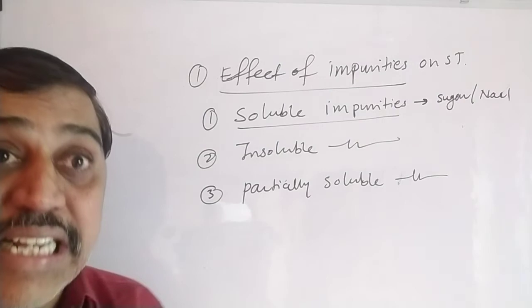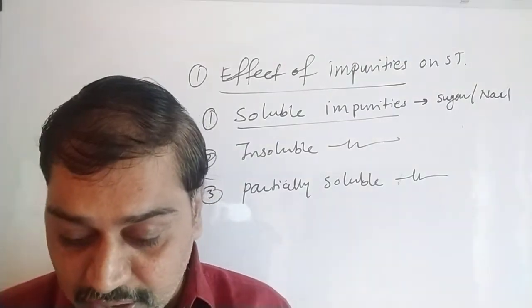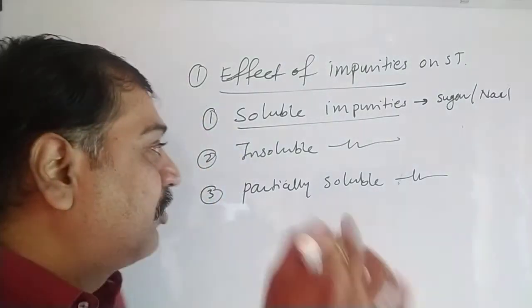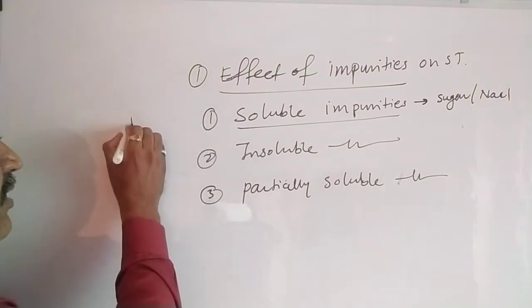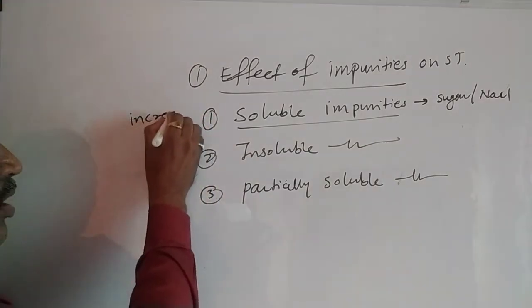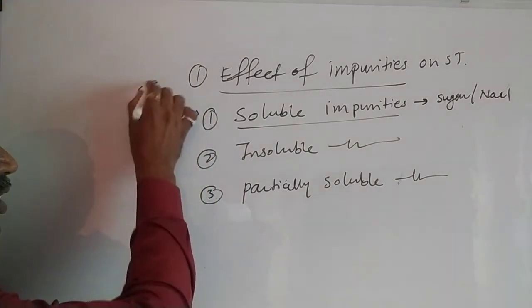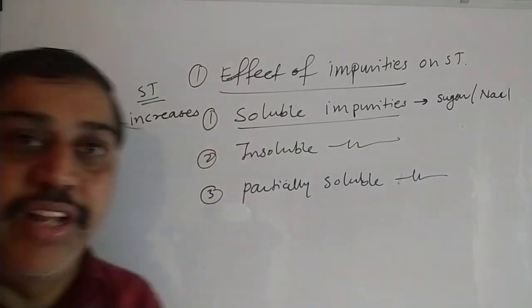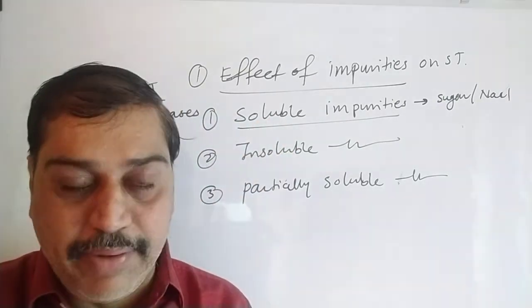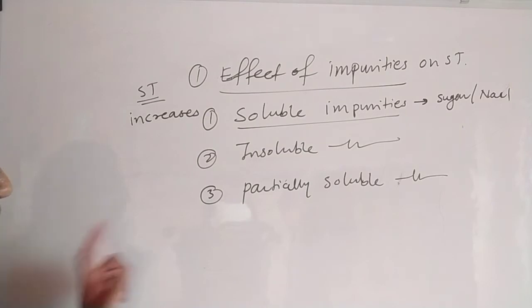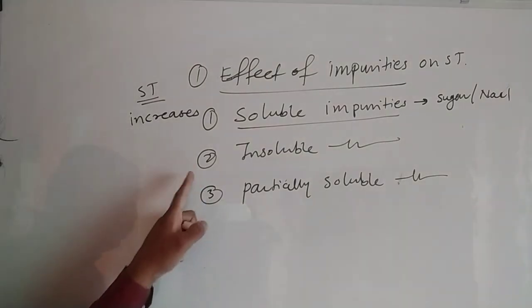It increases. So this soluble impurity increases the surface tension. Surface tension gets increased when soluble impurities are added to the liquid. Let's go to the second part. We'll finish this third, then we'll go to the second according to the book.